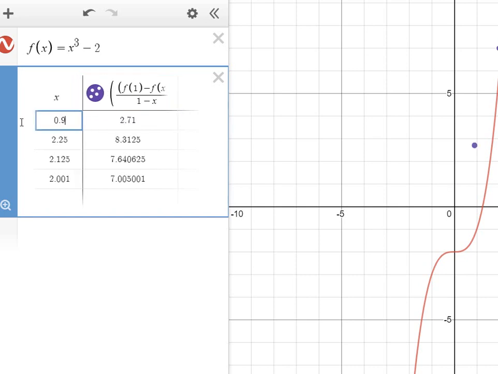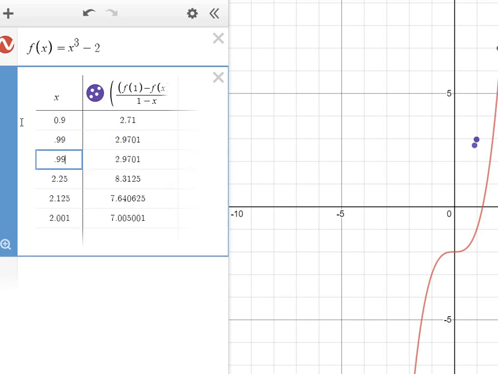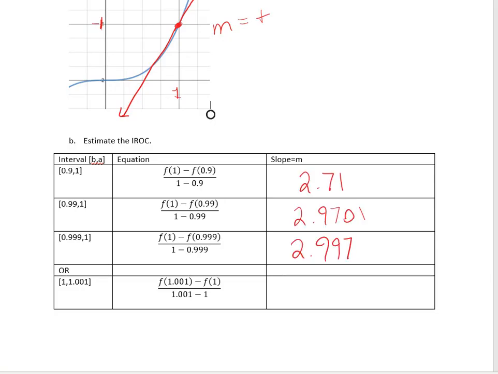So we're going to look at 0.9, 0.99, 0.999. So what I see is that my slope is going to be 2.71. So what I can see is that my slope, as that interval gets smaller, is going to go from 2.71 to 2.9701 to 2.997. Okay?